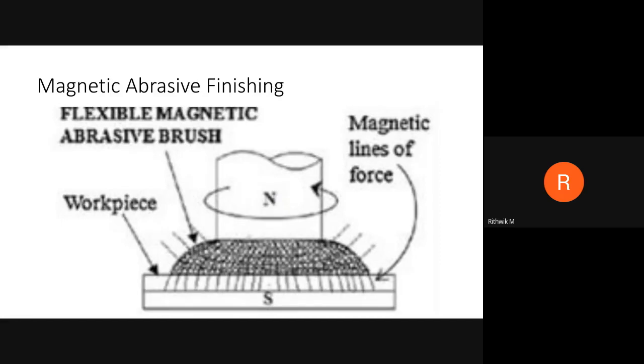When we apply the external magnetic field, along the magnetic lines of force, the two things we have seen, the non-ferromagnetic abrasives and the ferromagnetic iron particles, join together and form the flexible magnetic abrasive brush as shown in the figure.